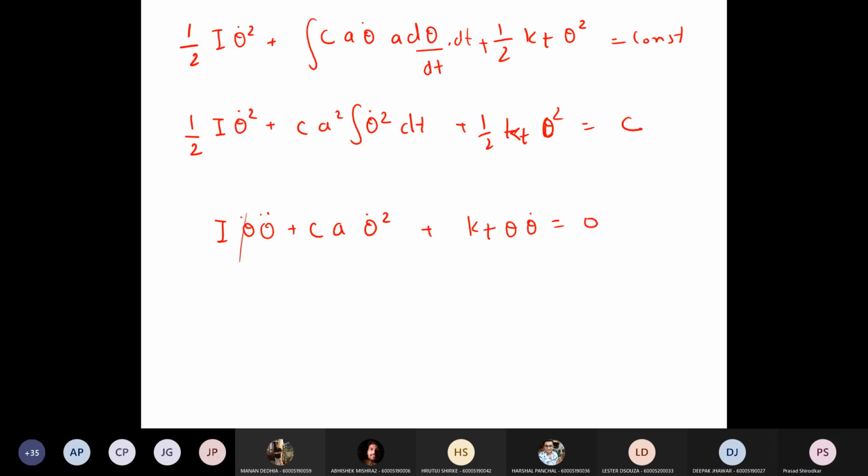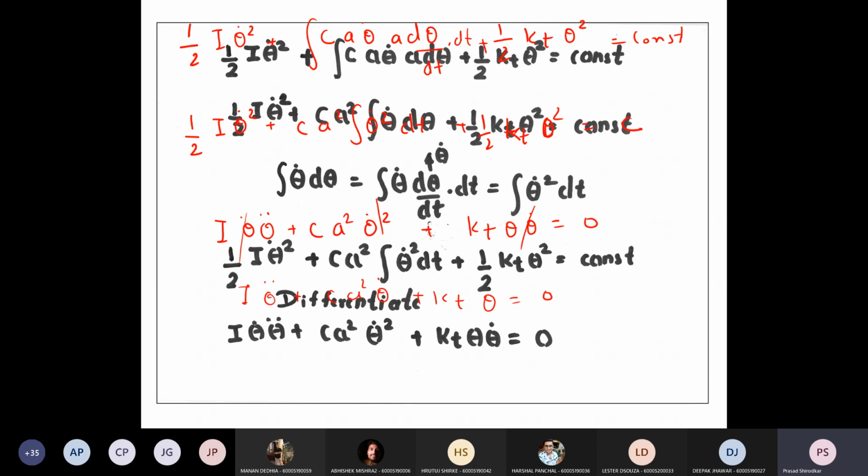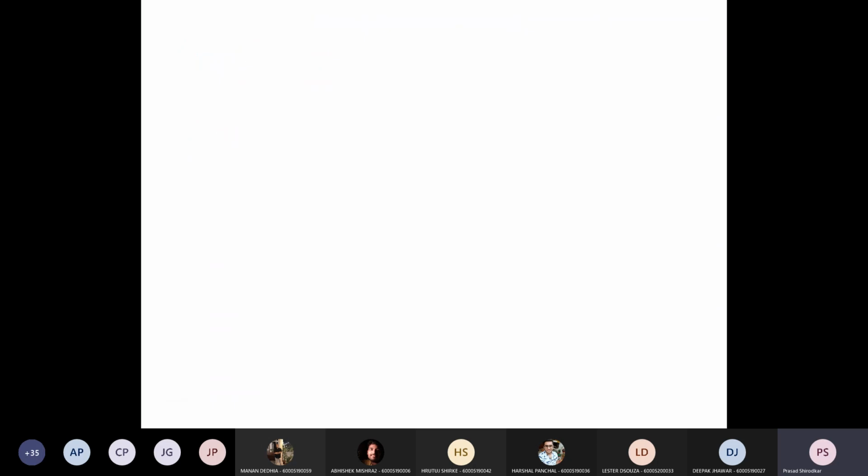So cancel out theta dot. So this becomes I theta double dot plus C a square theta dot plus K torsional theta is equal to 0. Alright, which is the same equation which we got earlier. So that's how we can solve it using the energy equation.